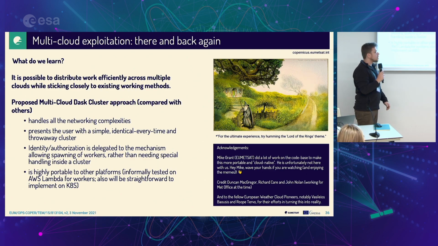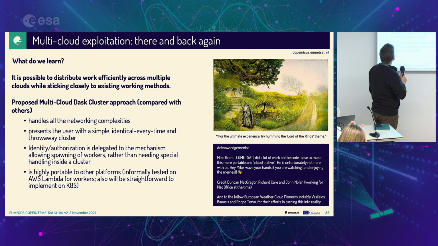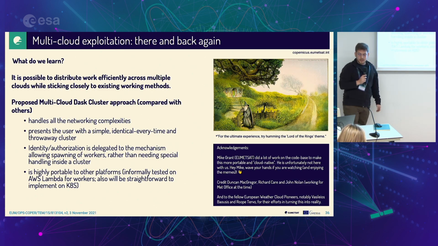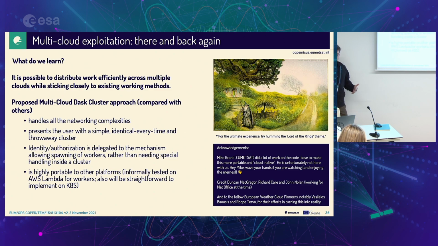So we did all these POCs, and we realized a couple of things. What we realized mostly is that it is possible to distribute work efficiently across multiple systems while still keeping the existing workloads. I know the learning path of cloud is quite hard, and we wanted to make it as easy as possible for the end user to not realize what's going on in the backend.